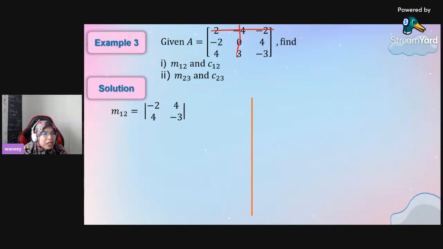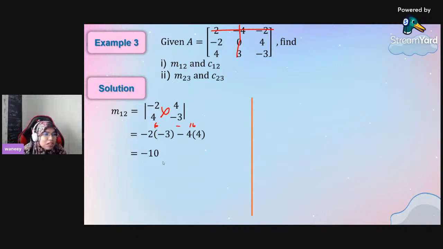And then of course AD minus BC: -2 times -3 minus 4 times 4. -2 times -3 is 6, and 4 times 4 is 16. So 6 minus 16 gives us -10. Okay, so done with M12.